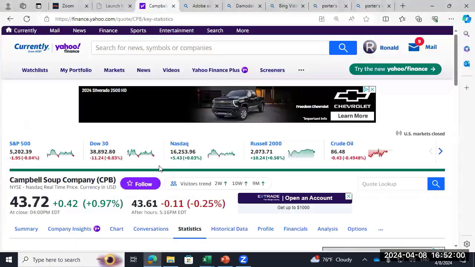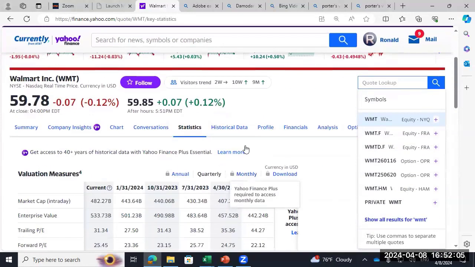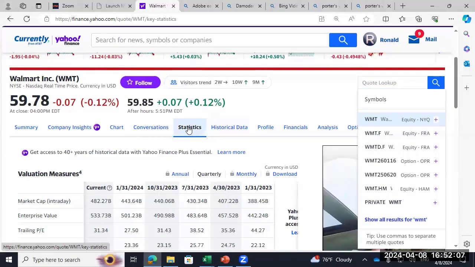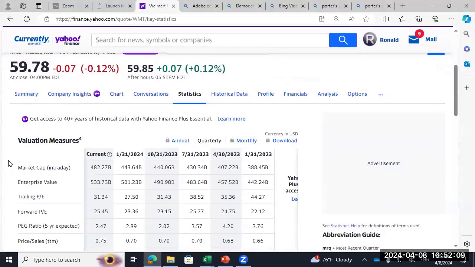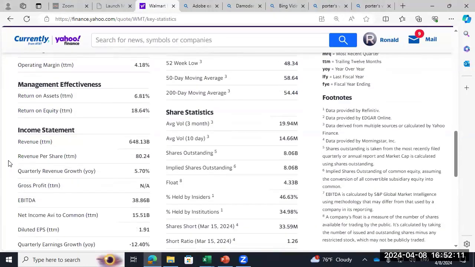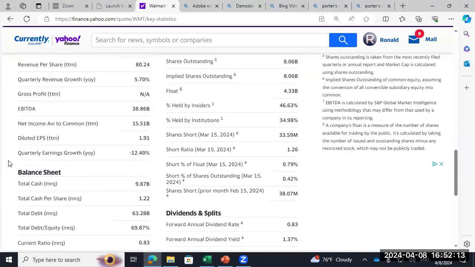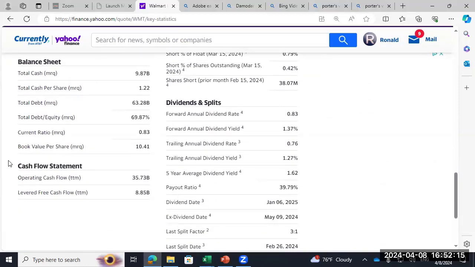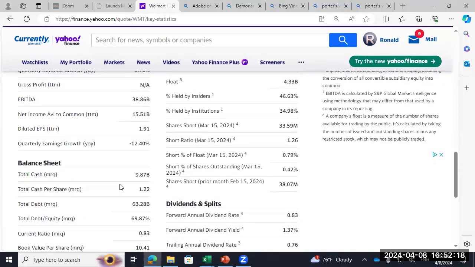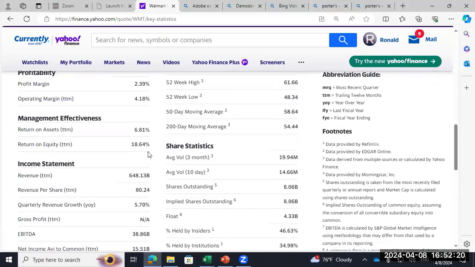So for Walmart, let's go back to Walmart. So I go up to statistics, and we find return on equity, which they keep moving, but it's in here somewhere. There it is, return on equity, 18.64%.